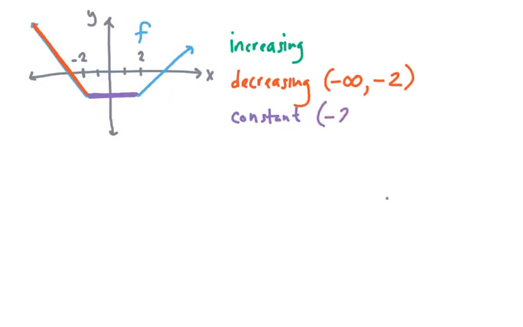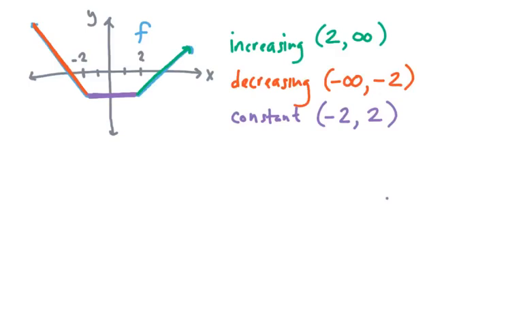And that's in between -2 and 2, because then at 2, the graph begins to go uphill. So now we're back to this idea of a positive slope or increasing function. So this guy would be increasing from 2 to infinity. So I just wanted to throw in that idea of constant for a moment.